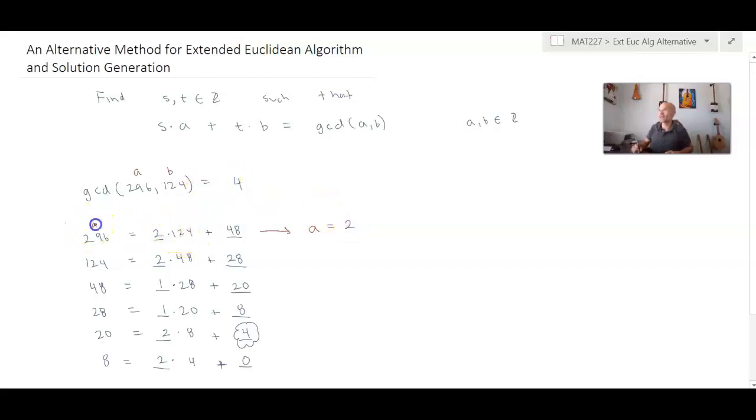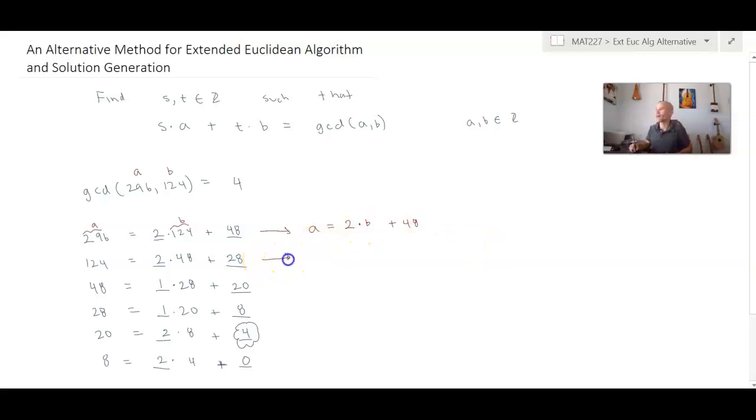Okay, so this is A, this is B. So anywhere we see 296 and 124, we're going to represent those with A and B. Okay, so I actually get now an algebraic equation. And now it's going to be a little bit easier to manipulate because now I'm going to be working with A's and B's and I can focus on combining like terms.